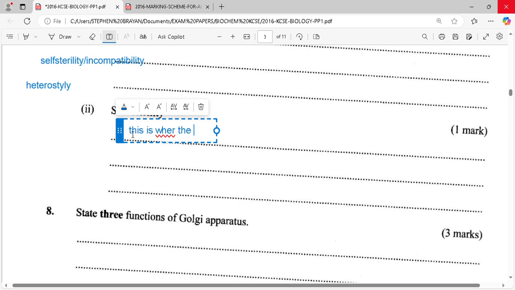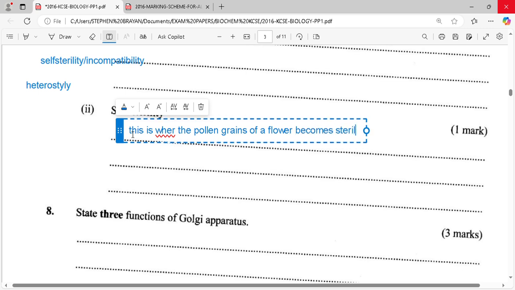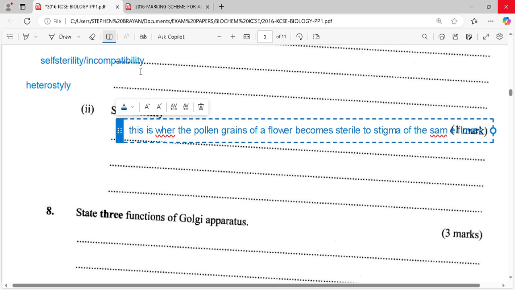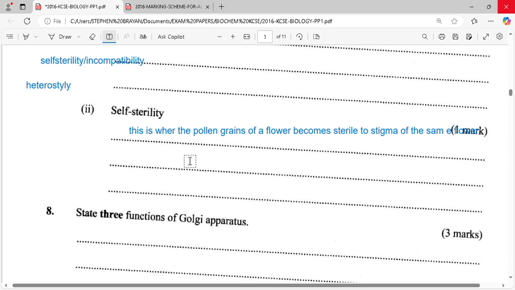The anthers are producing the pollen grains, but they cannot germinate on the stigma of the same flower. So they only germinate on the stigma of another flower. That is what is meant by self-sterility.